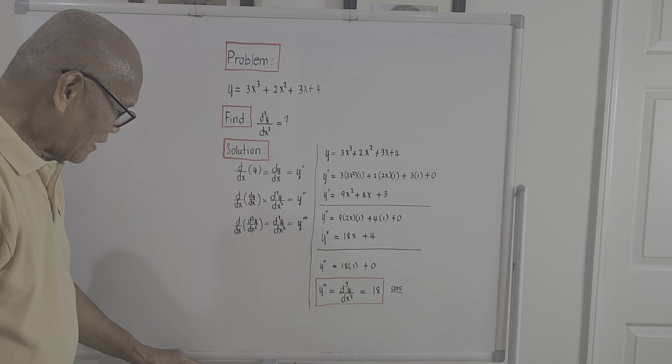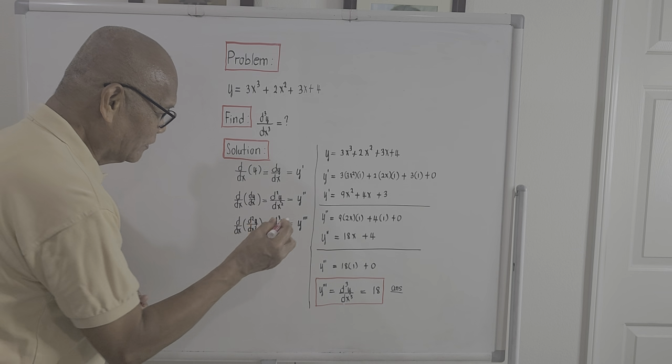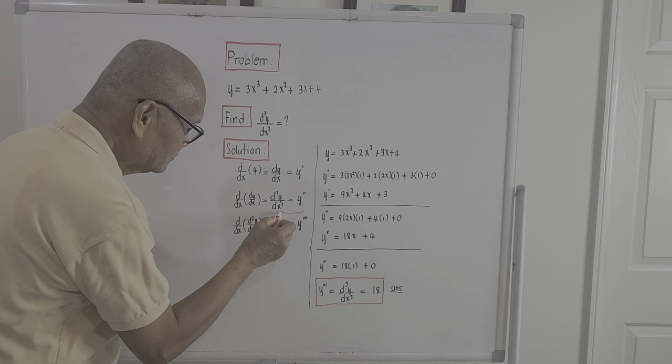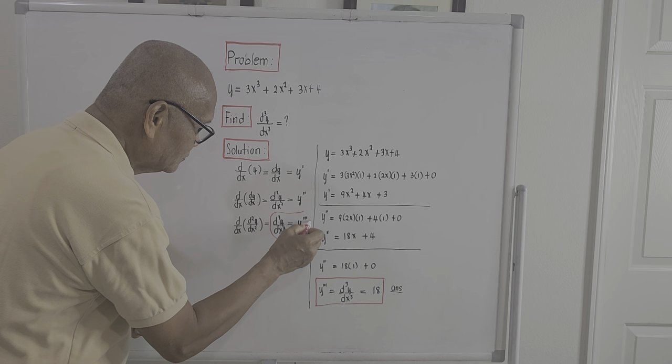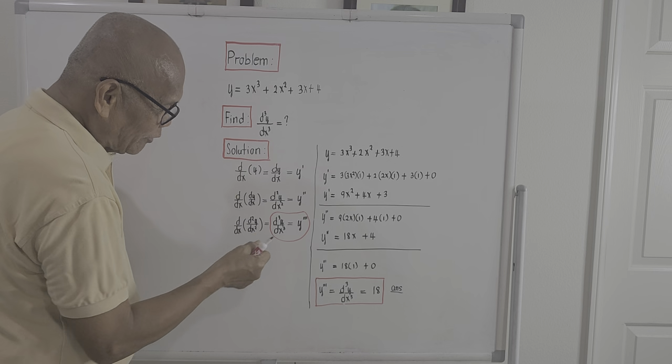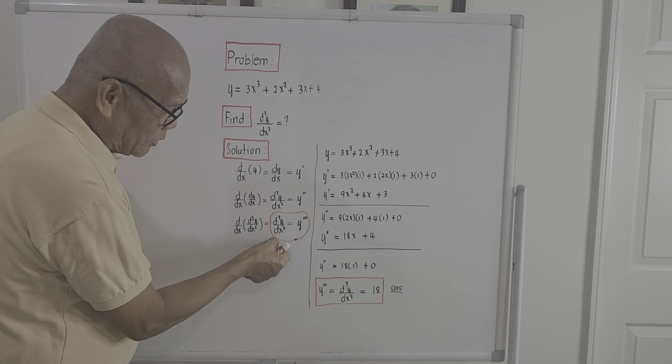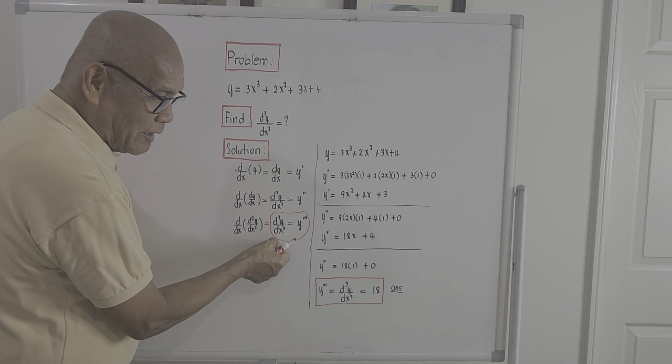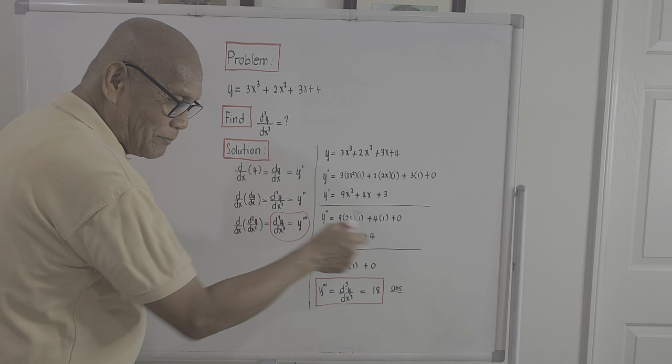So what is being asked here is this portion here. This d cubed y over dx cubed is y triple prime. I will take the derivative of the given function 3 times, and what will come out is the third derivative of the given function, which in simplified form is y triple prime.